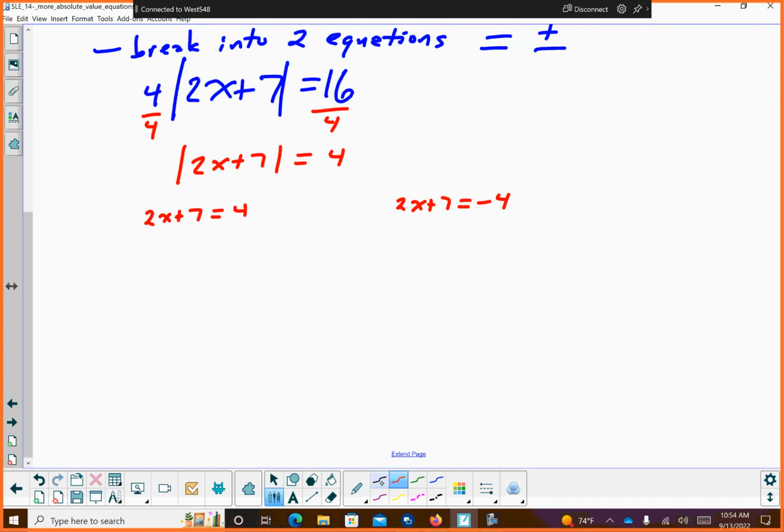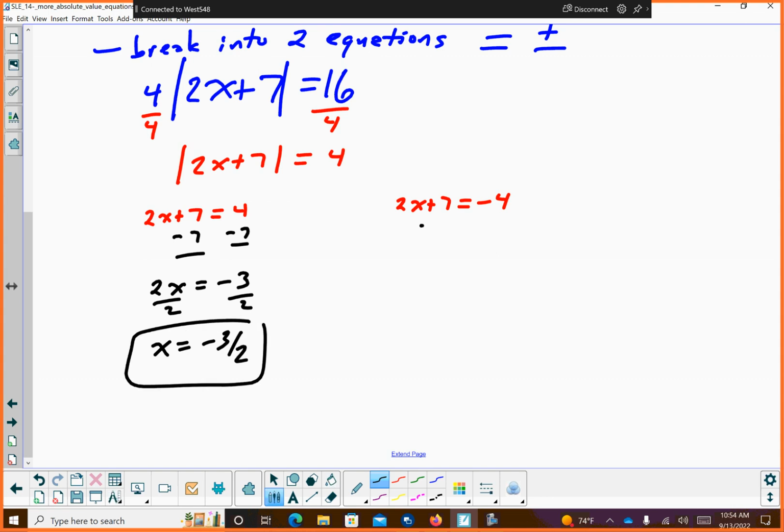Okay. Solve it. Subtract 7. If I'm doing this right. Divide by 2. Same thing here.